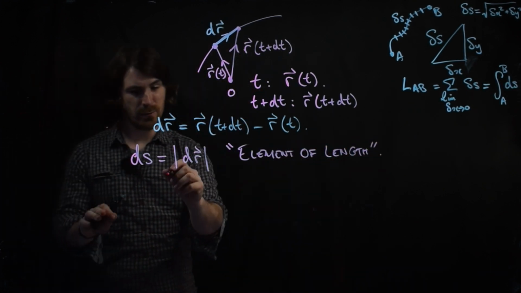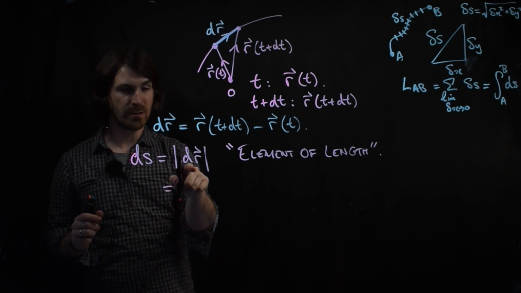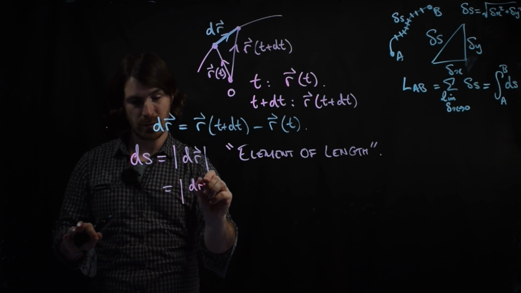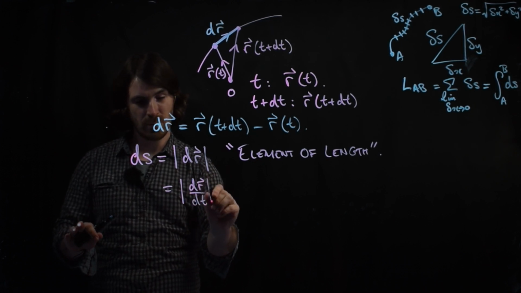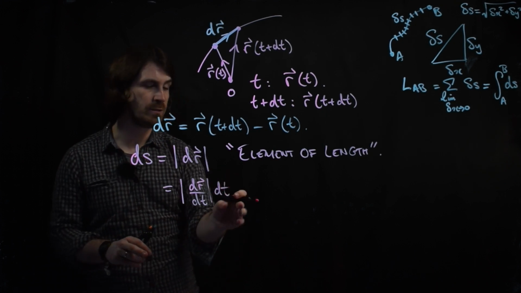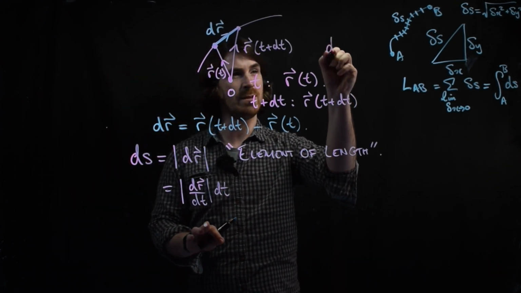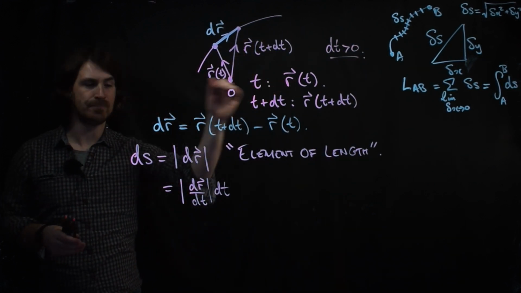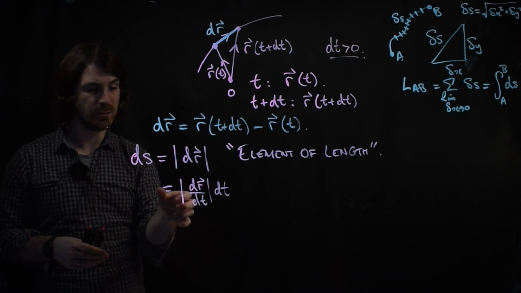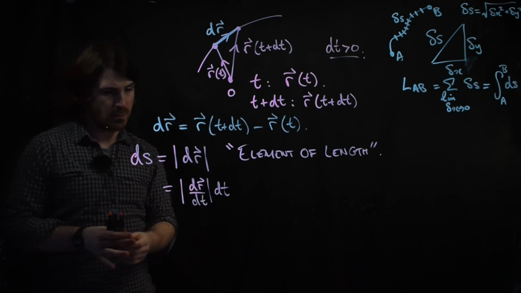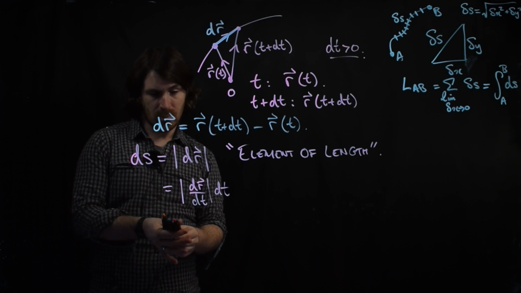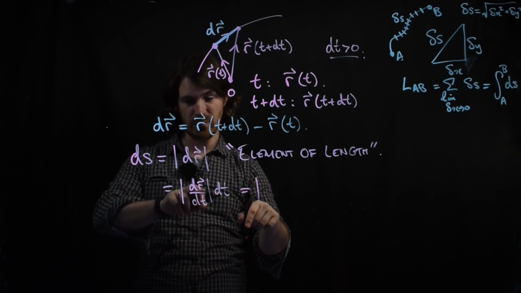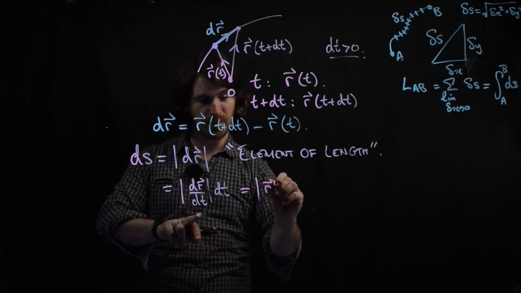If we have the curve parameterized in terms of t, then we can write this as the magnitude of dr by dt, times dt, where it's always assumed that dt is greater than 0, so we're thinking about the parameter increasing. So we can bring it into the magnitude. We can write this in shorthand: the derivative dr by dt we can write as r prime of t.